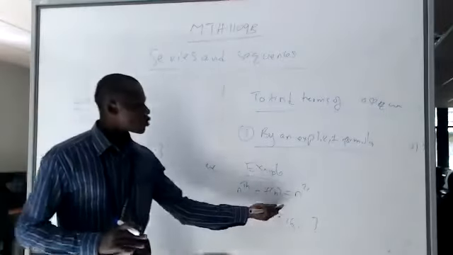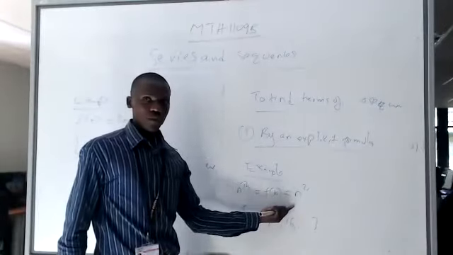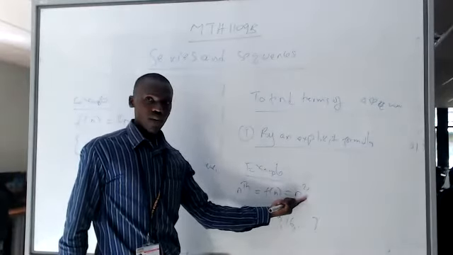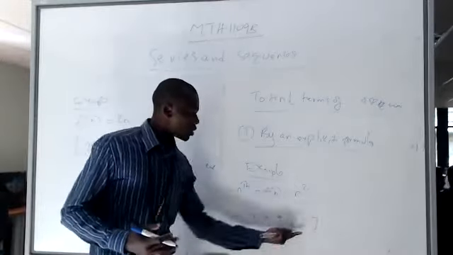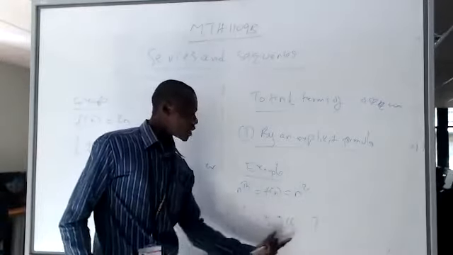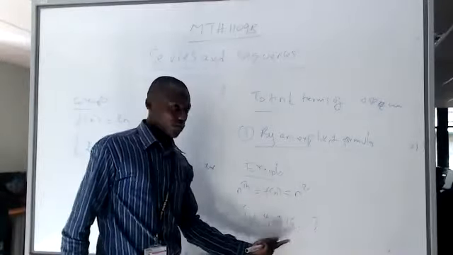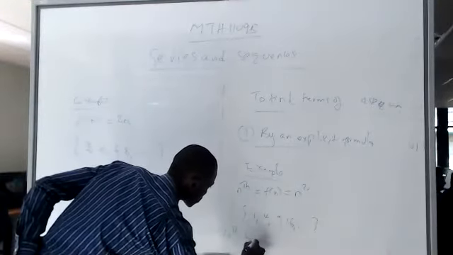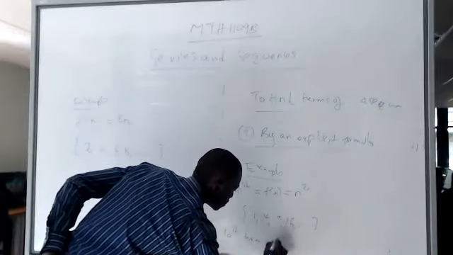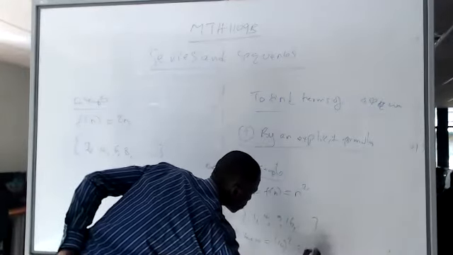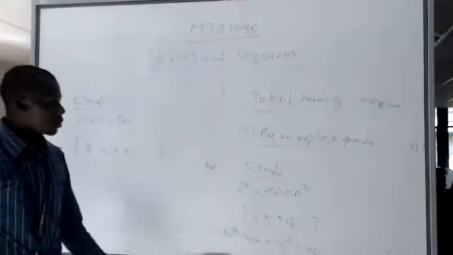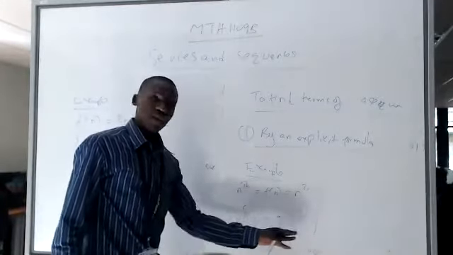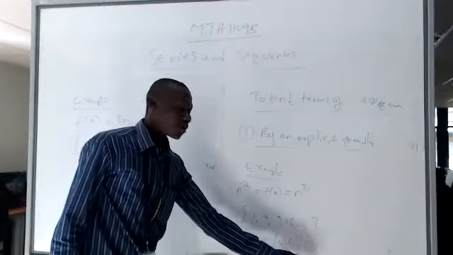So here, if I ask you to find the 10th term of this sequence, you just take 10 and plug it in the formula, and you'll be able to get the 10th term without necessarily caring about which terms come before the 10th term. So for example, here, the 10th term will be 10 squared, which is 100. And I've been able to find that because there's an explicit formula, and I don't have to find all the terms before the 10th term.